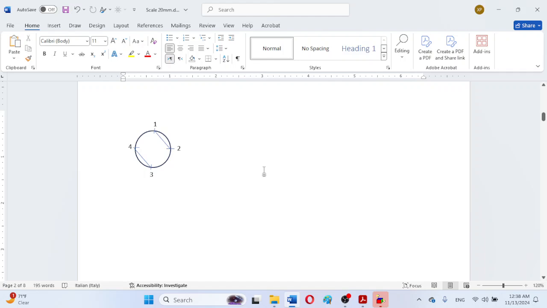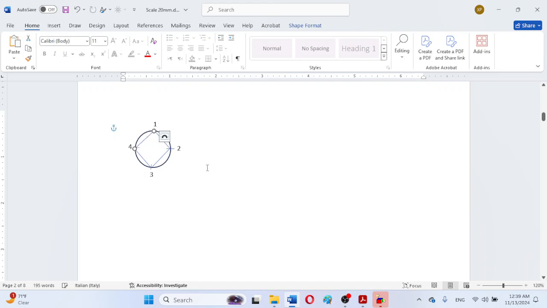Again we can either draw a fresh line, or copy paste it here like this, and move it, and from these points drag it here like this.